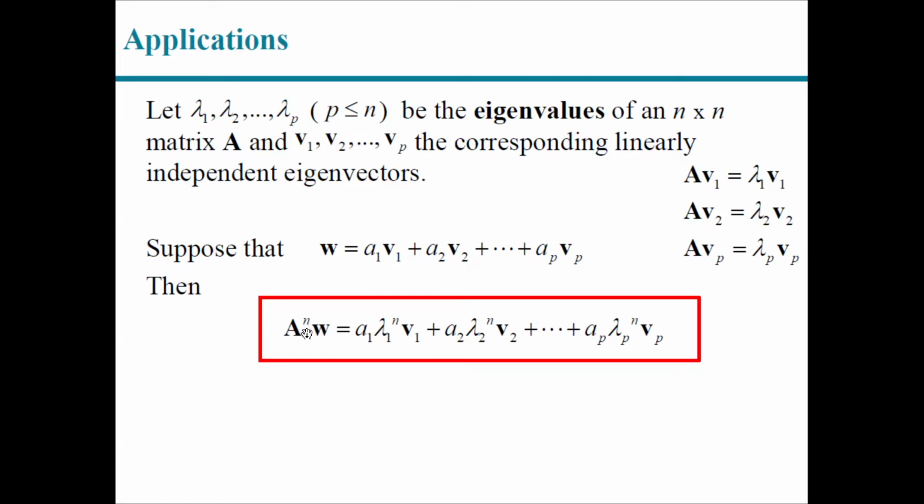So if I choose n equal to 10, it will be lambda 1 to the power 10, lambda 2 to the power 10, and lambda p to the power 10. If I choose 1 million, I'll just have 1 million as the power of the eigenvalues. So that's something interesting. It is a very important property. Very useful.